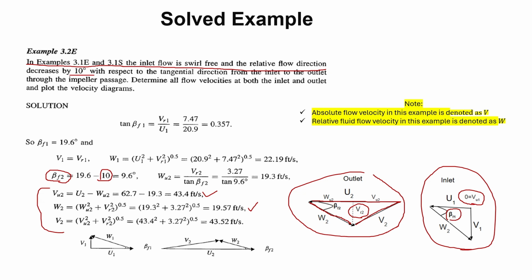This is responsible for the energy transfer from the rotor to the fluid, and this one gives you the absolute. So you see here the absolute is very close to the tangential, meaning that most of the kinetic energy has converted into tangential velocity, which is good, and will result in producing higher angular momentum on the fluid.